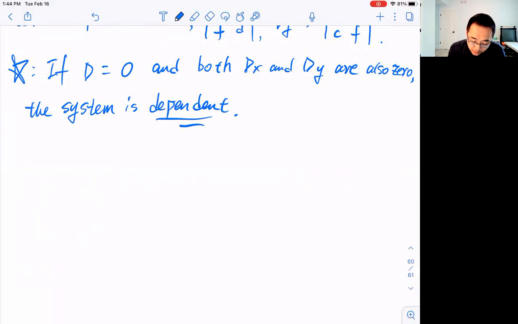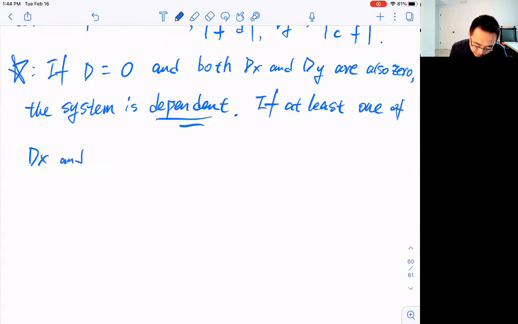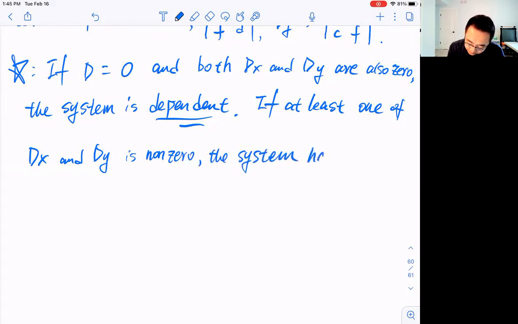Okay, now if d is 0 and at least one of dx and dy is non-zero, okay, the system has no solution. Okay, that is when there's no solution in existence.